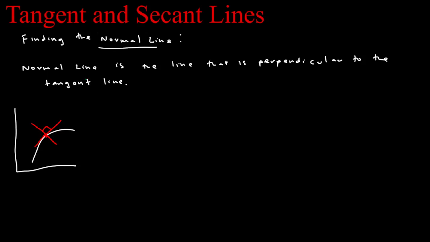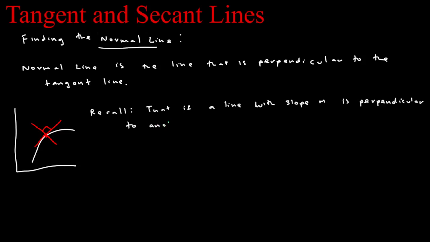Well, it's pretty easy. Recall that if a line with slope m is perpendicular to another line, the other line has slope minus 1 over m.